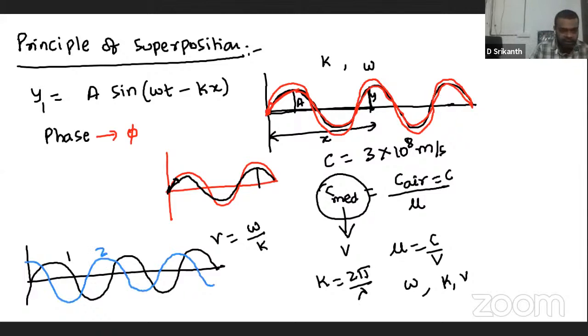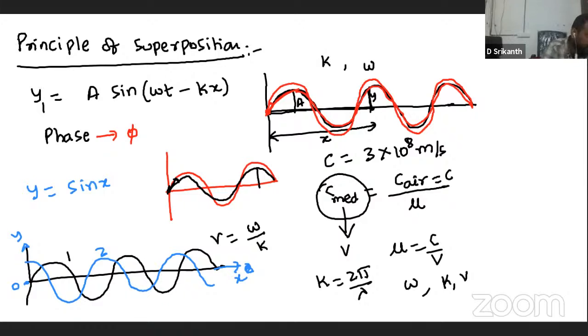Here it is 0, this is y and this is x. The first wave I can represent as the graph y equal to sin x, right?